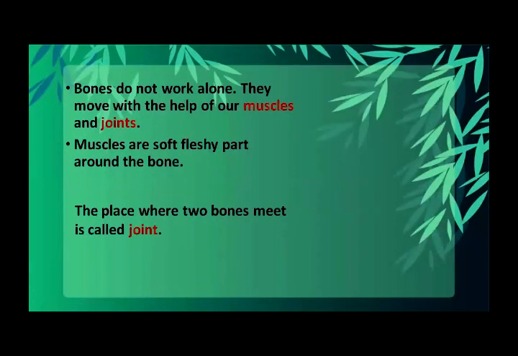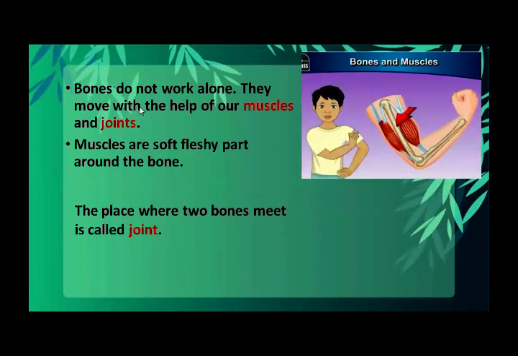And the bones don't work alone. They move with the help of our muscles and joints. Beta, have you done this activity at home? Feel your arm muscles. The soft fleshy part in your arm, this red part, is the muscles.